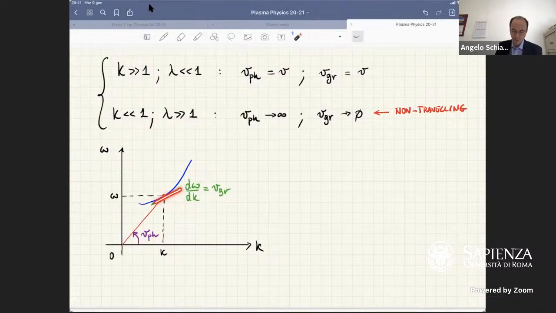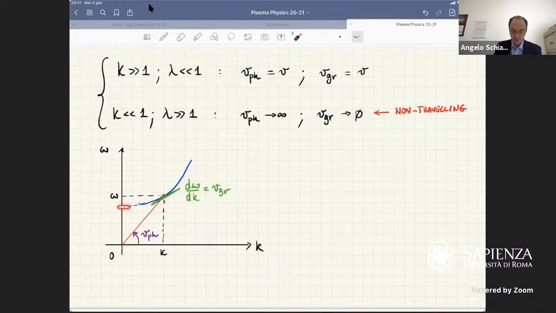And when we move towards zero, we see that the slope of the phase velocity goes to infinity, as we found up here. Instead, the slope of the group velocity, which is the tangent of the dispersion relation in omega-k space, goes to zero.